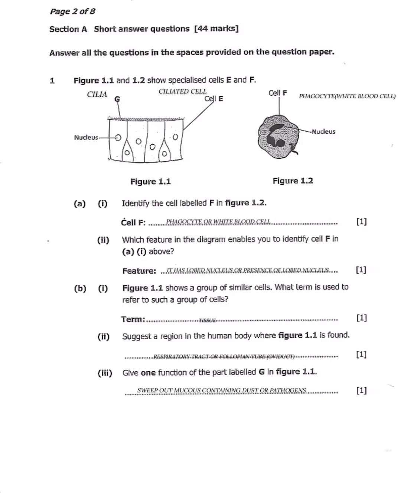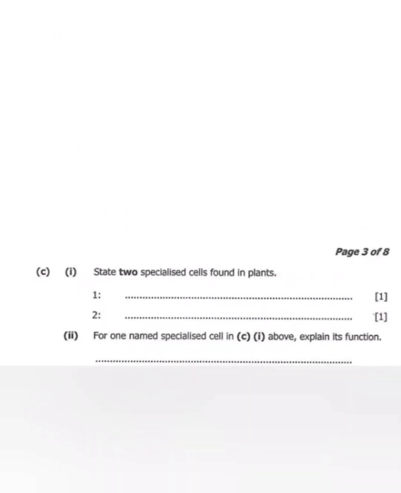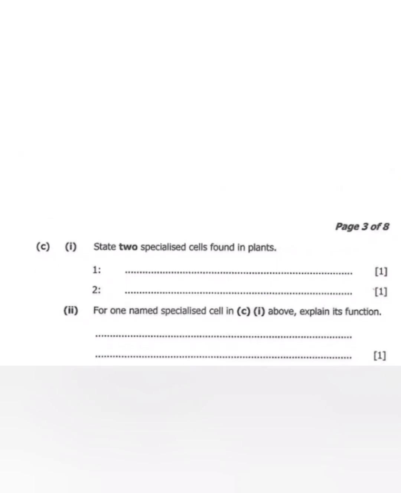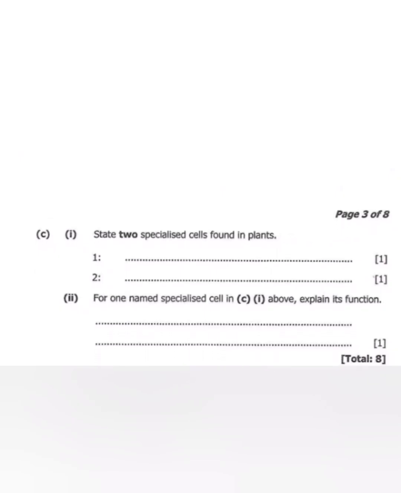Let's move on to the next one, which is C, Roman numeral 1, state two specialized cells found in plants. The first one is the root hair cell, and the next one is the palisade cell.